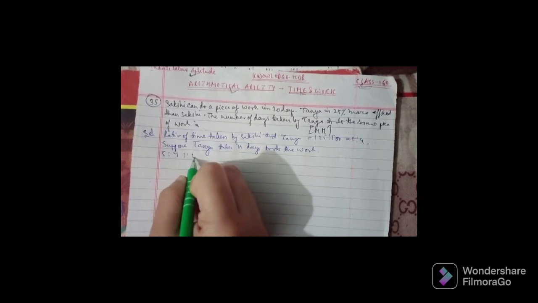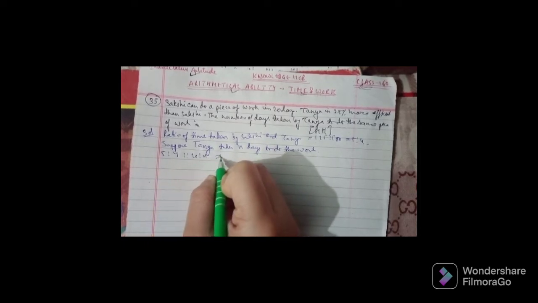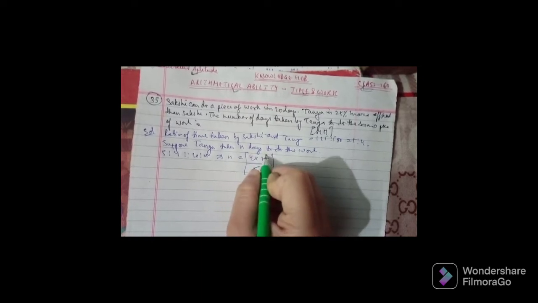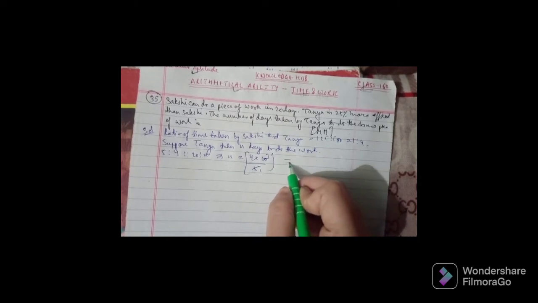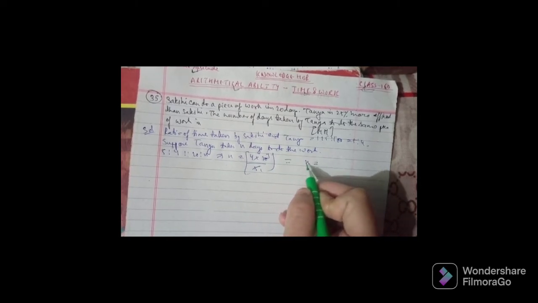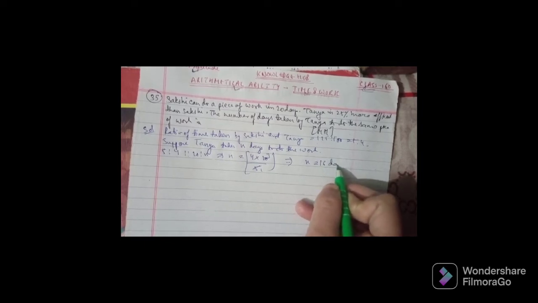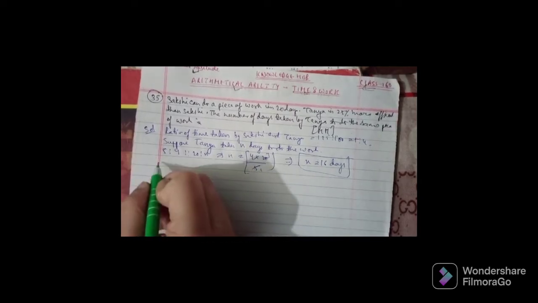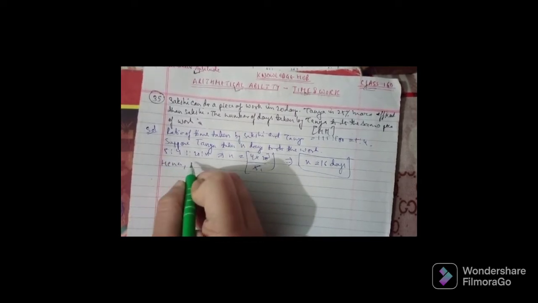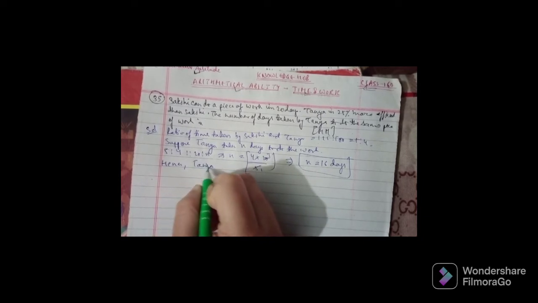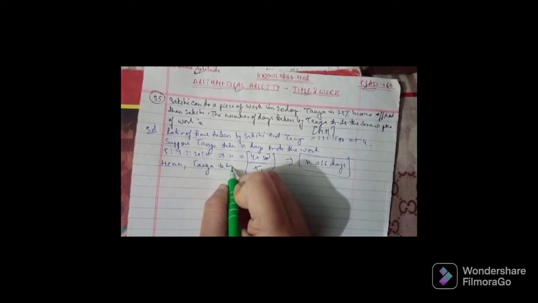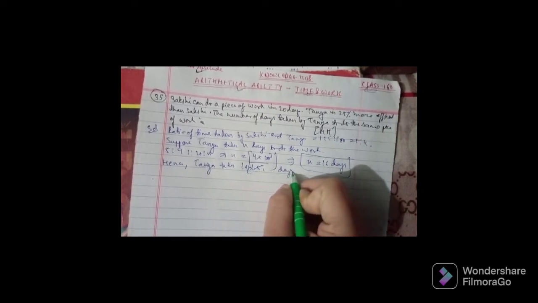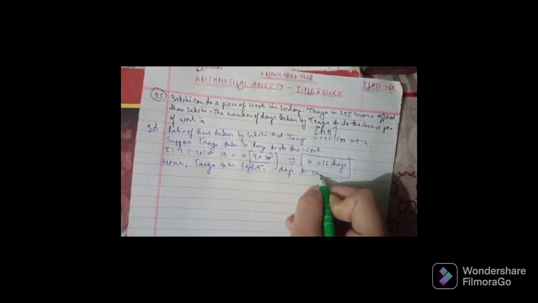Then 5/4 = 20/x, so x = 4 times 20 by 5. 5 ones are 5, 5 fours are 20, and 4 fours are 16, so x equals 16 days that we get here. Hence Tanya takes 16 days to complete the work.